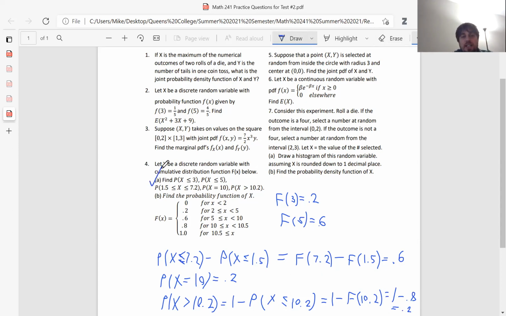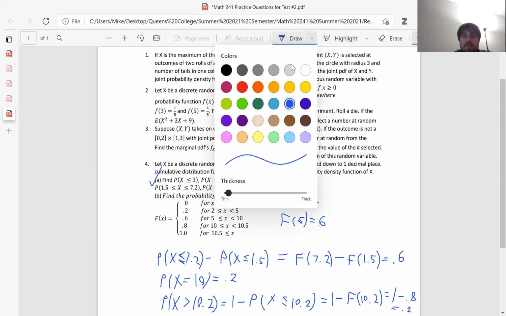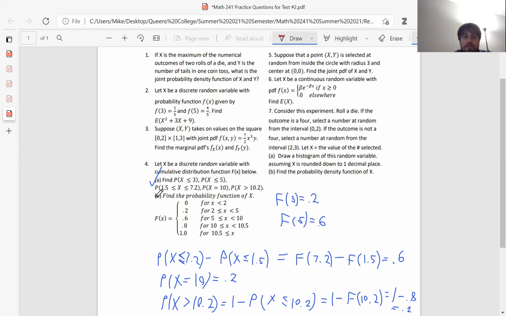So that's A. And then for B, find a probability function of x. For the probability function of x, we want little f of x. The values of little f of x are going to correspond with jumps.